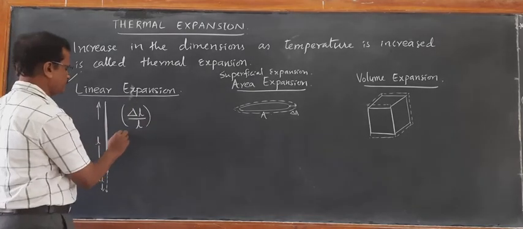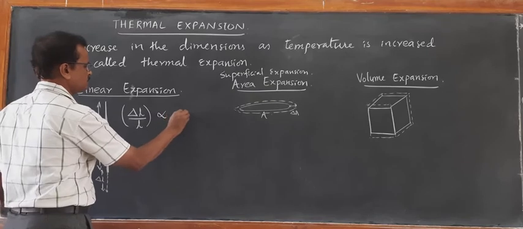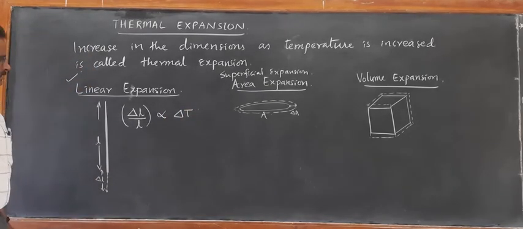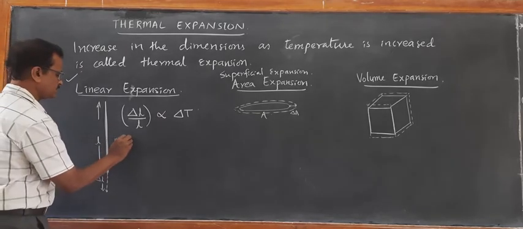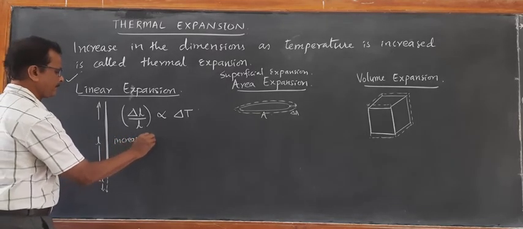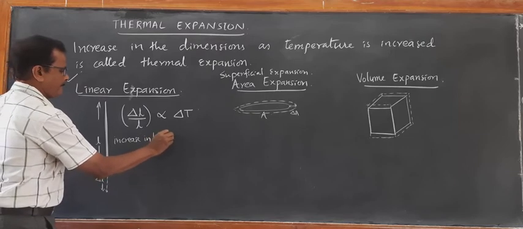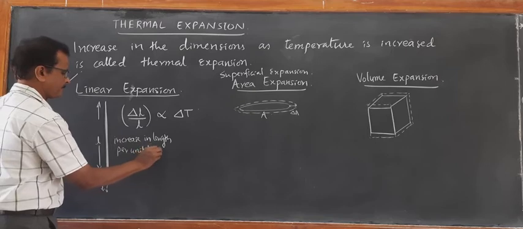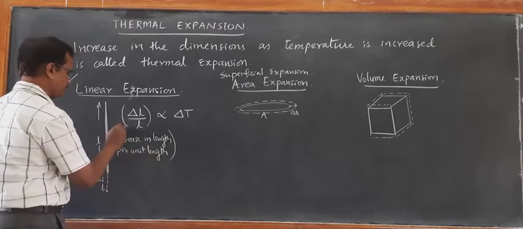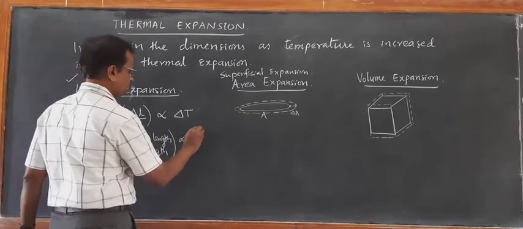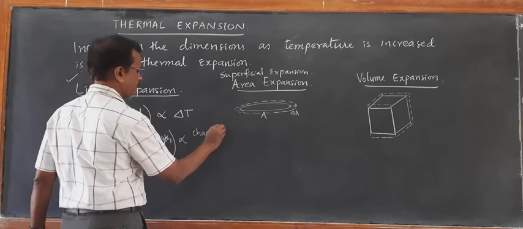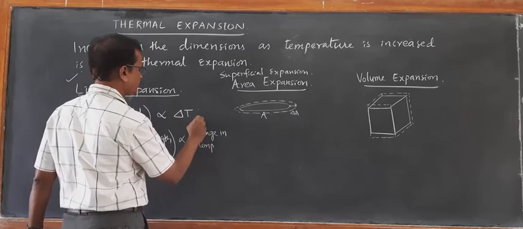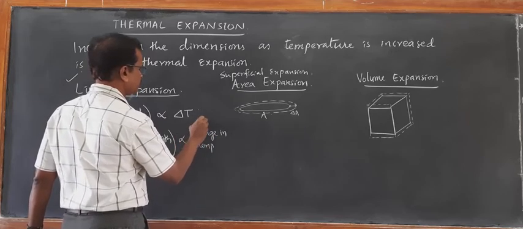Change in temperature is written as delta T. So increase in length per unit length is found to be directly proportional to change in temperature.